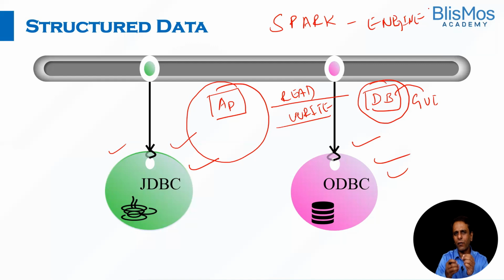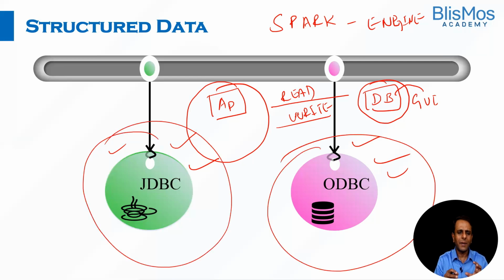We want to read from the database engine into the data frame in Spark. For Spark to read the data from different databases, we need to go through these connectors. For any database which has JDBC and ODBC connectivity, we will be able to read the data from those databases and also write into those databases from Spark.